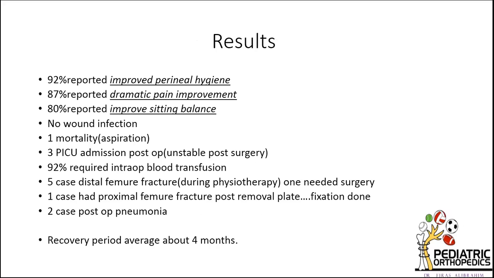No wound infection, 1 mortality due to aspiration, 3 patients admitted to pediatric ICU post-op due to instability. 92% required intra-op blood transfusion. 5 cases had distal femur fracture during physiotherapy, 1 needed surgery. 1 case had proximal femur fracture post-removal of metal and fixation was done. 2 cases had pneumonia post-op. Recovery period averaged about 4 months.